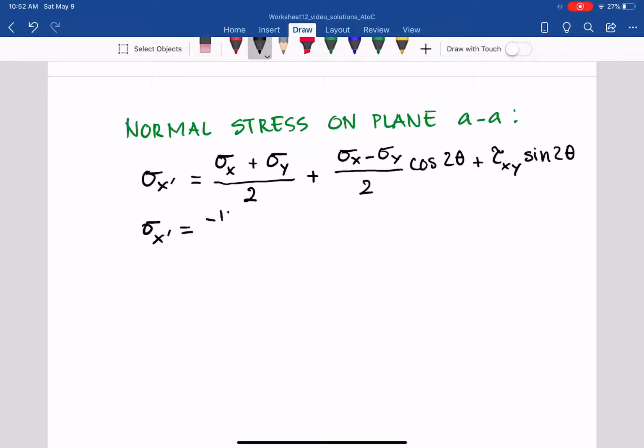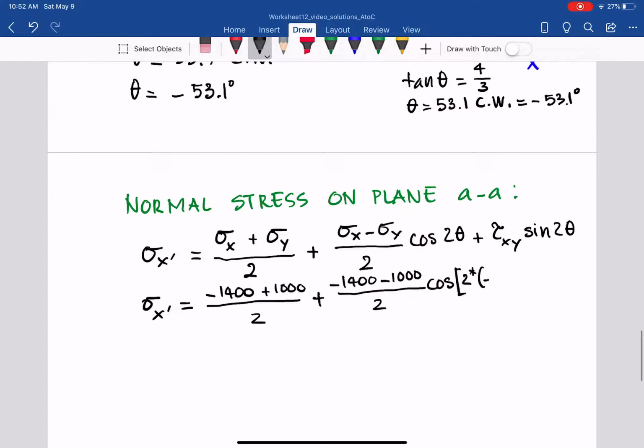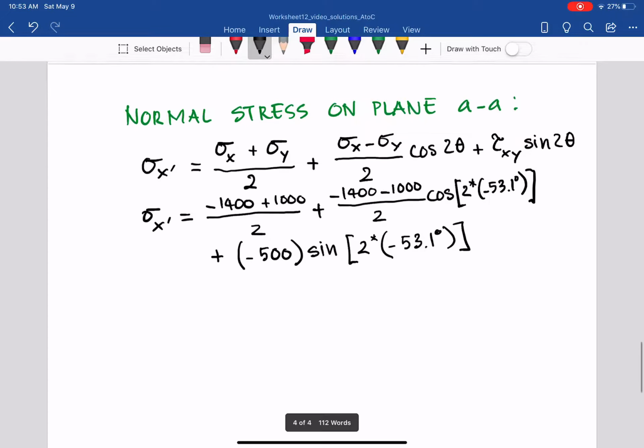We have negative 1400 plus 1000 divided by 2, plus negative 1400 minus 1000 over 2 times cosine of 2 times negative 53.1 degrees, and then plus tau xy, negative 500 psi, times sine of 2 times the angle, negative 53.1 degrees. And now use your good calculator.